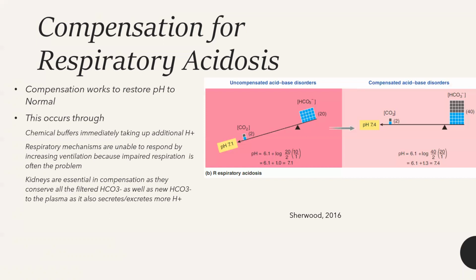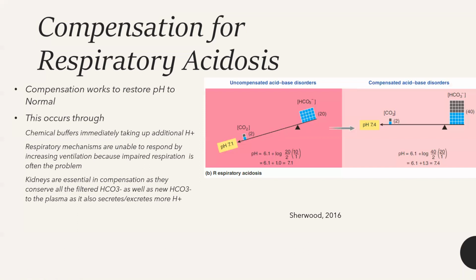So in respiratory acidosis, a result is that bicarbonate stores in the body are elevated. In our example here, the plasma bicarbonate is doubled so that the bicarbonate to carbon dioxide ratio is 40:2, as we see here, rather than the ratio being 20:2.